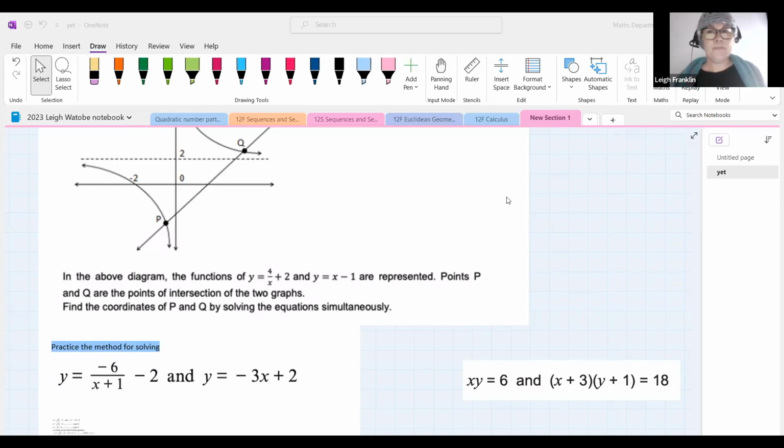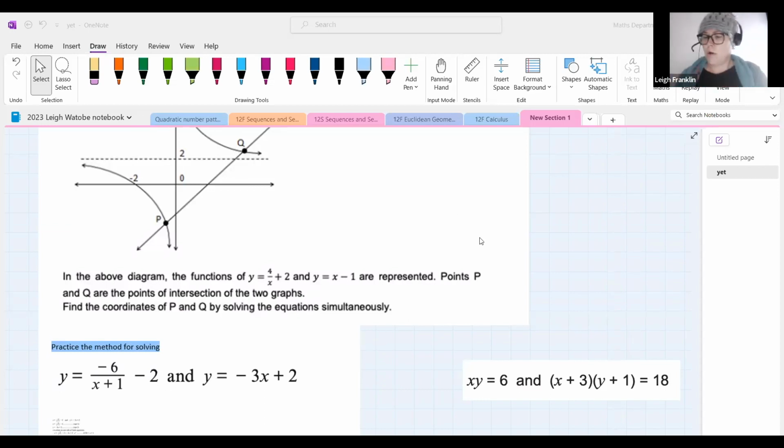Good afternoon, ma'am. Good afternoon, Tsegofatso. Ma'am, regarding question 7, I wanted to ask, before I factorize, if x has a coefficient, what do I do with that coefficient? If x has a coefficient, like maybe 2 or 3, because here the coefficient of x is 3.